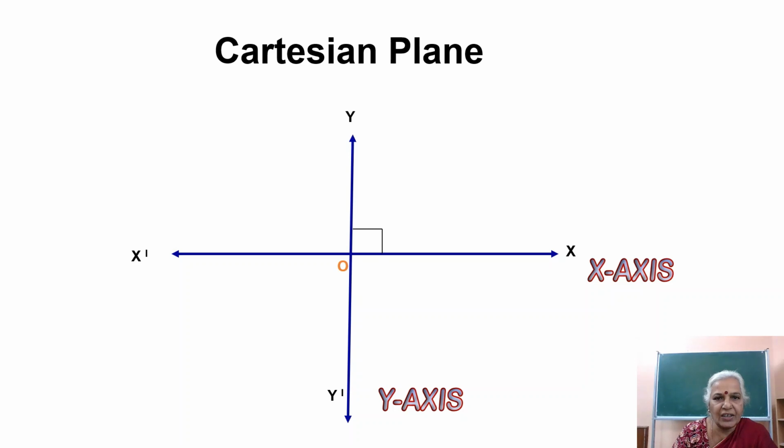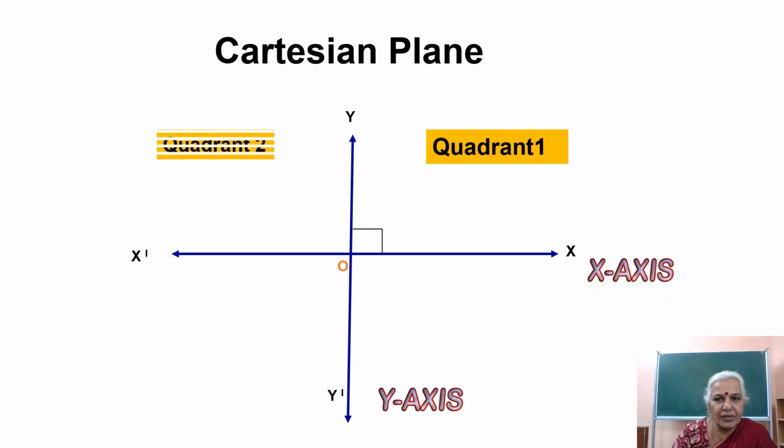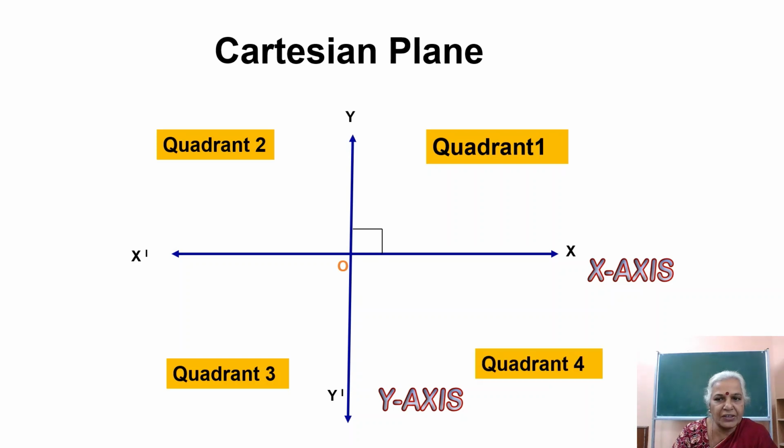Both the x dash axis and y dash axis meet at the point O, that is origin. The top one on the right side is called the first quadrant, and the top one on the left side is called the second quadrant, and this is third, and this is fourth.